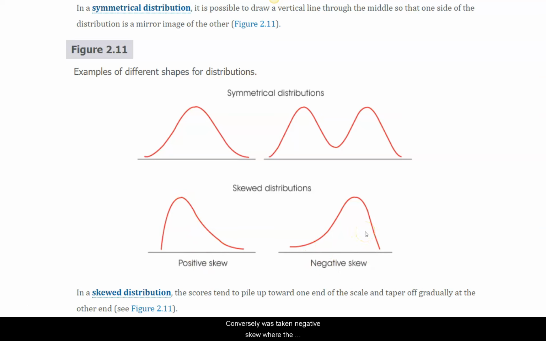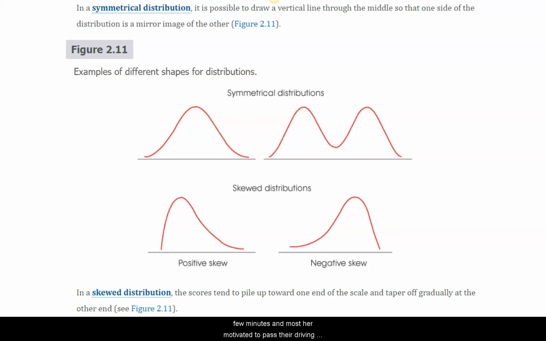Conversely, let's take a negative skew where the scores stack up on the high end. Here are low scores and here are high scores, and there are more scores on the high end. What might that be? The example that I've always thought of has to do with driving test scores. When a 16-year-old comes to take that test, they are, for the first time, presented the opportunity to be liberated from the household. They can go run errands, they can meet their buddies, and just get out of the house for a few minutes.